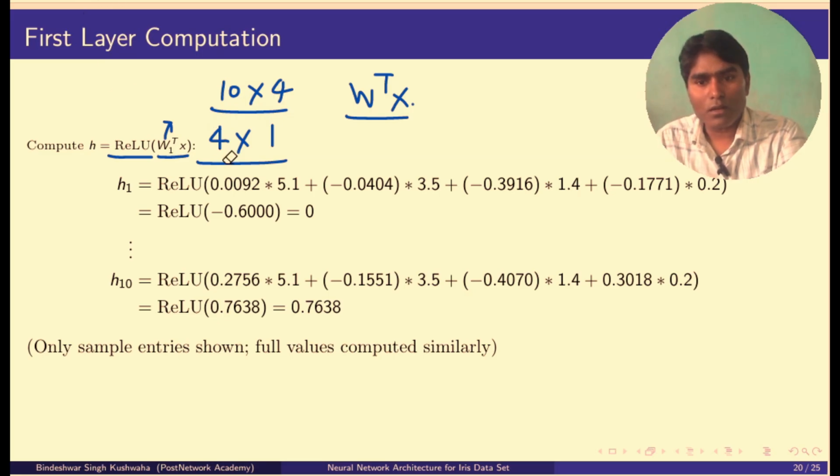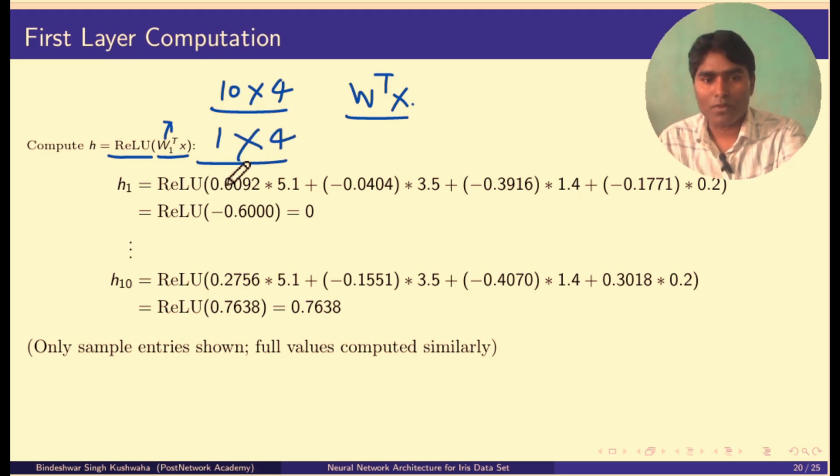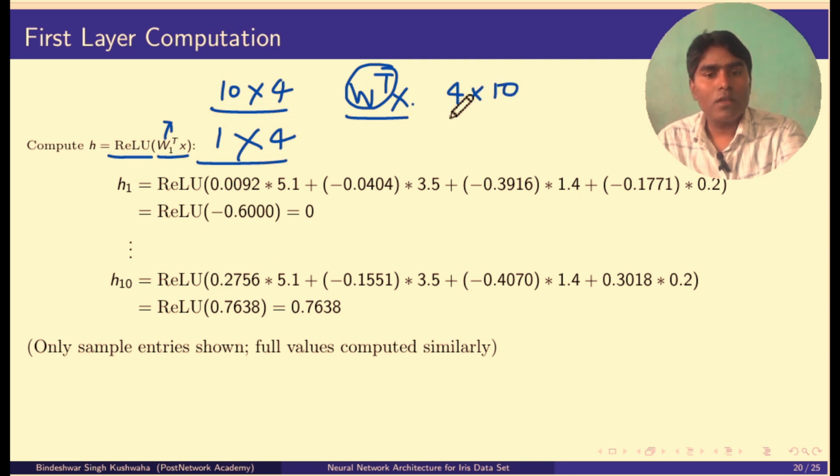Just wait, the input layer is actually 1 cross 4. So 1 cross 4 and 10 cross 4 are not compatible. If we take the transpose, W transpose becomes 4 cross 10. We multiply the 1 cross 4 input vector with the 4 cross 10 matrix.